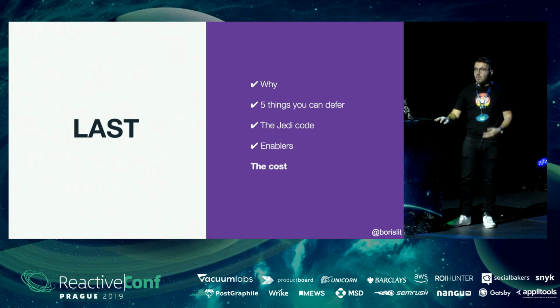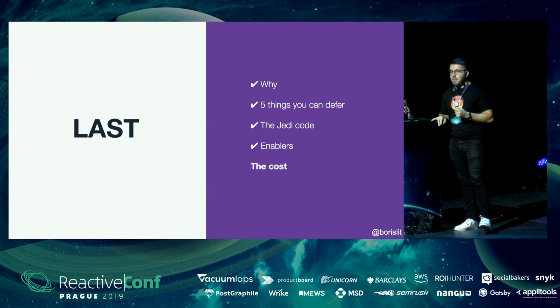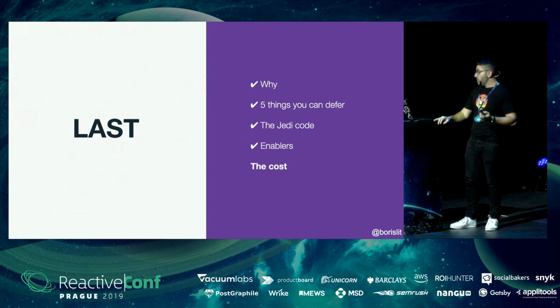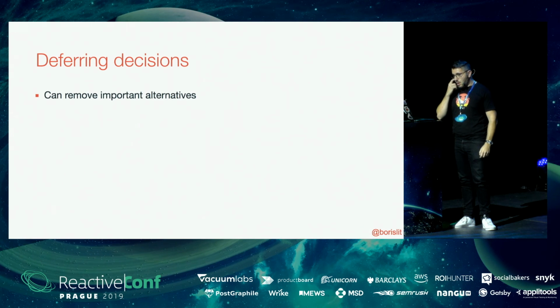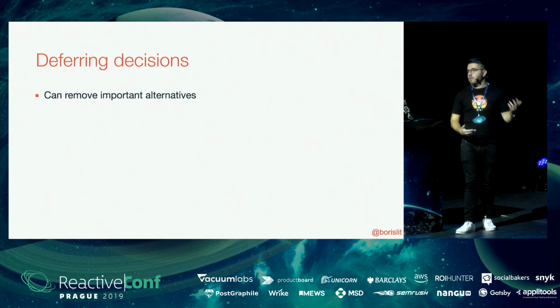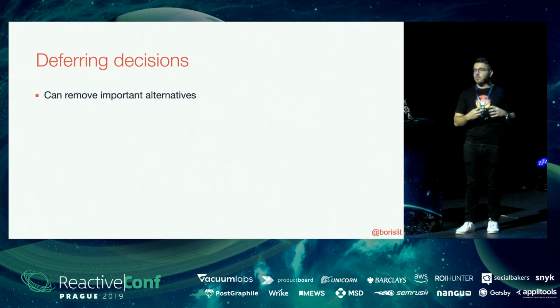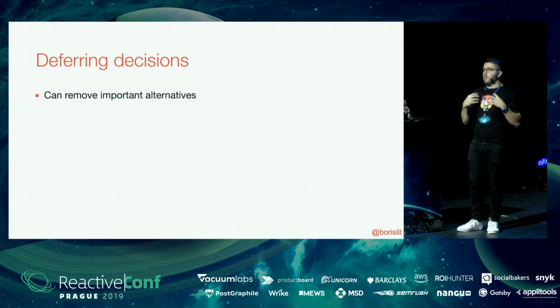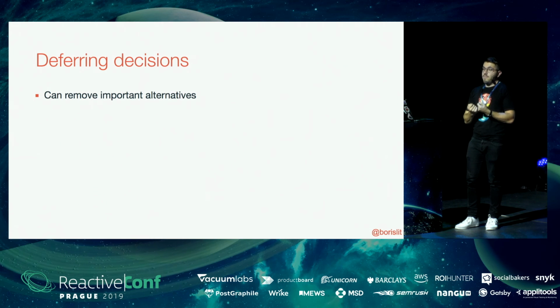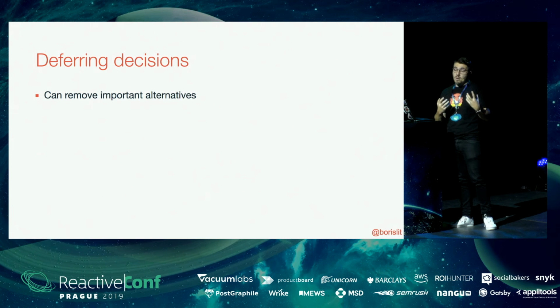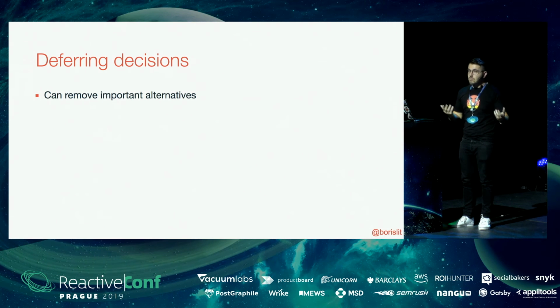So postponing decisions is useful, but like everything in life, it comes at a cost, and we need to be aware of those costs. As we discussed earlier, if you postpone a decision for too long, you may lose viable options, right? Viable solutions. One of them perhaps may be an optimal answer to your question.